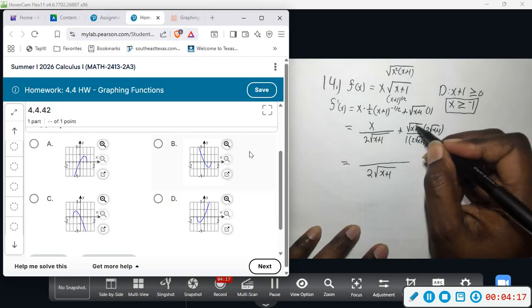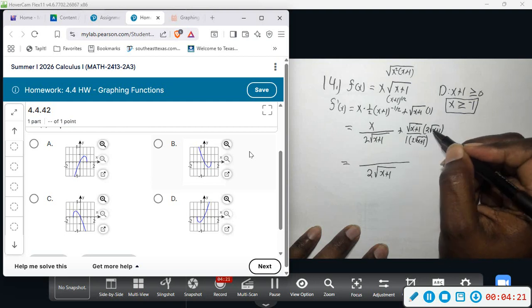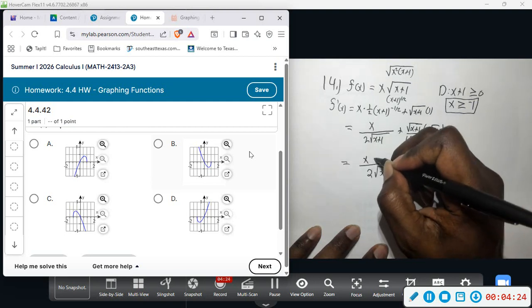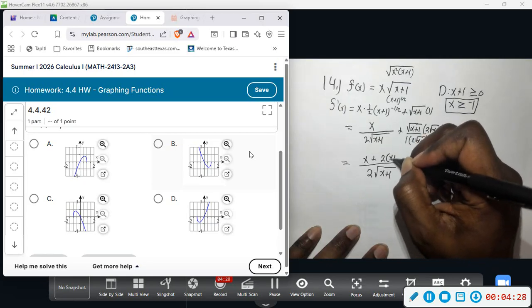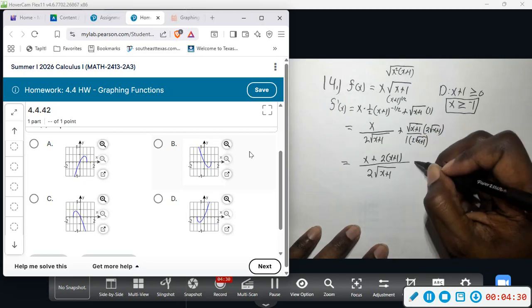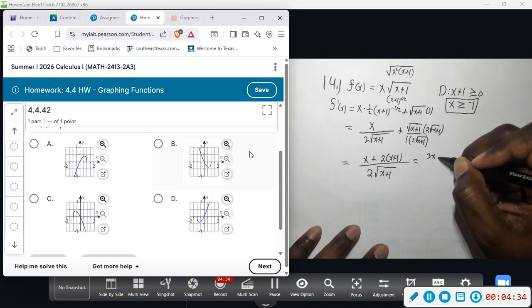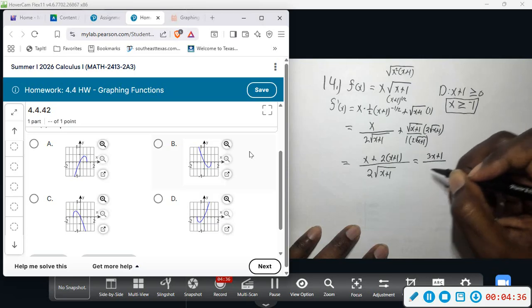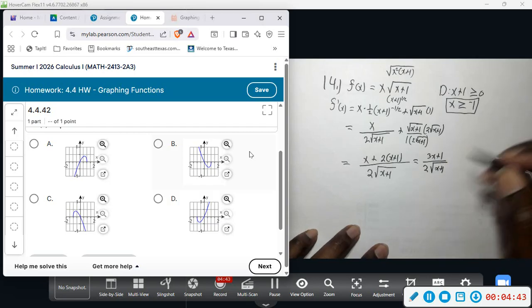And then when I multiply this times itself, it will get squared and get rid of the square root, distribute the 2. So I would have an x plus, this will be 2 times x plus 1. And then finally we would get 3x plus 1 over 2 square root of x plus 1. So here's our derivative.